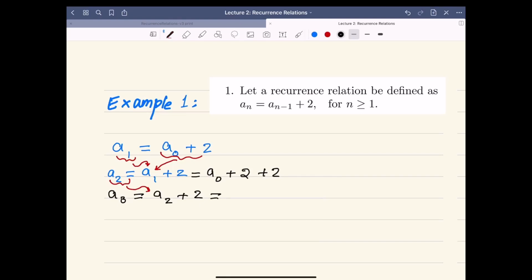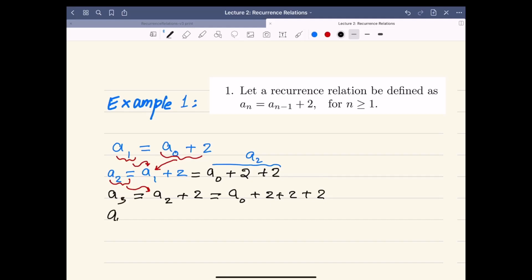So this is A2. Substitute it, and it will be equal to A0 plus 2 plus 2. And don't forget, you already have 2 from this step. Again, don't find the answer as 6. Just leave it as it is.